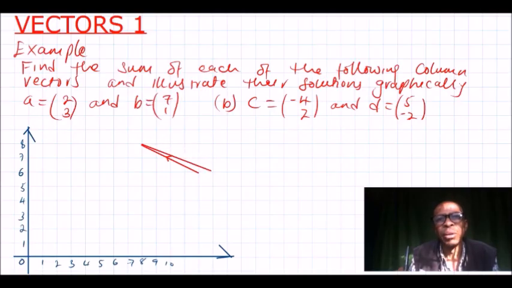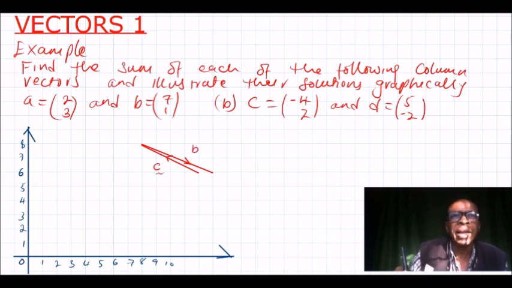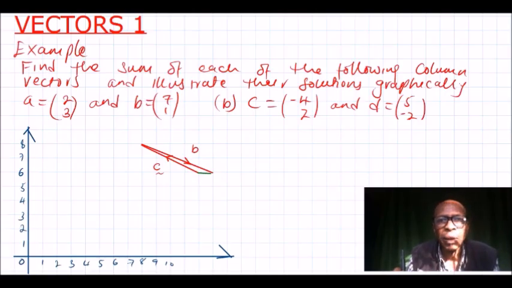So that is our vector. This is our vector C, and this is our vector D. So it means that our resultant vector here is this one.